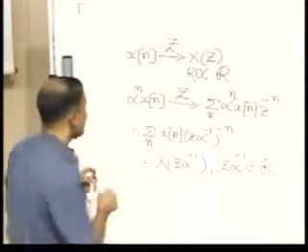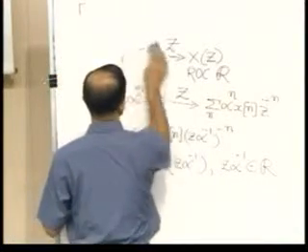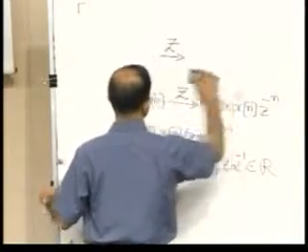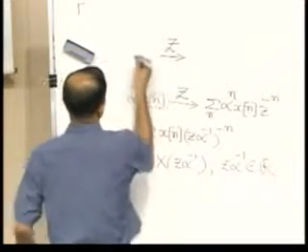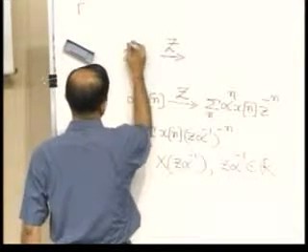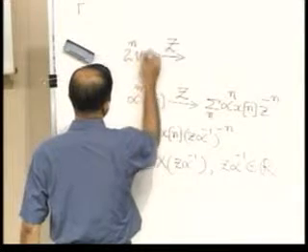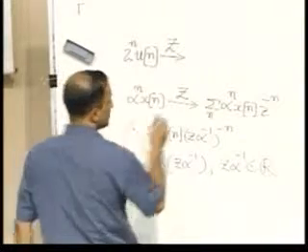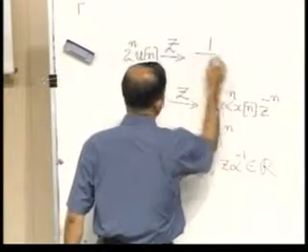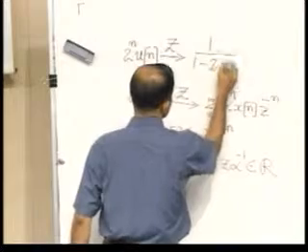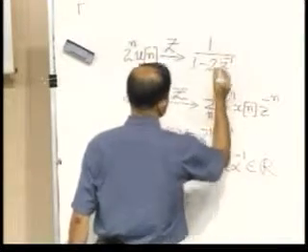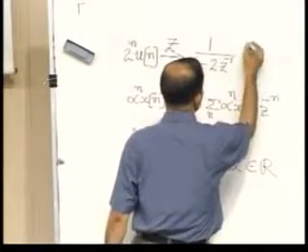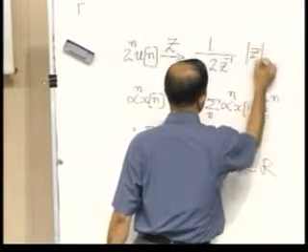Let us illustrate once again with an example. So, we have 2 raised to the power of n u n with a Z transform given by 1 by 1 minus 2 z inverse, and a region of convergence mod z greater than 2.